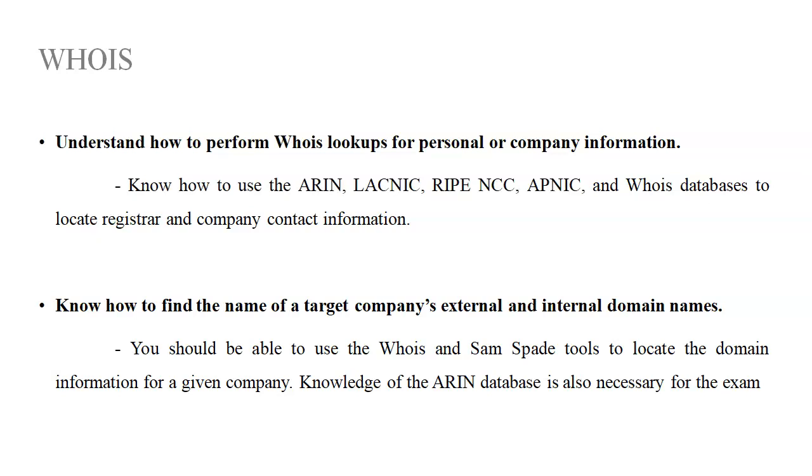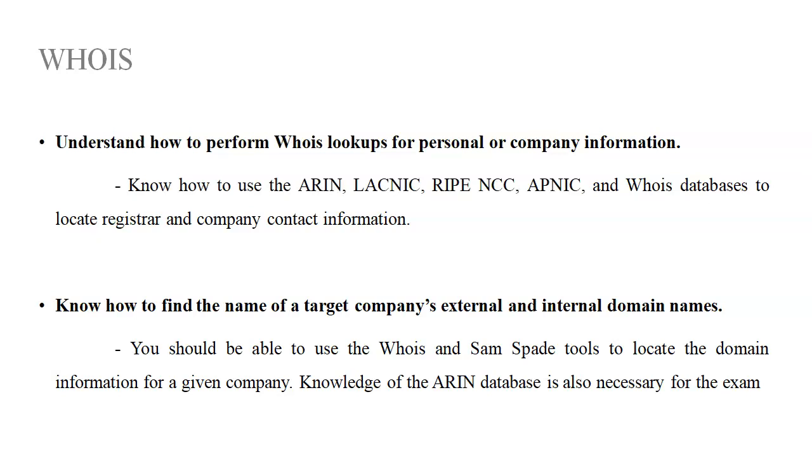Next, understand how to perform a Whois lookup for personal or company information. It means know how to use the IRIN, LACNIC, RIPE NCC, APNIC, and Whois databases to locate registrant and company contact information.